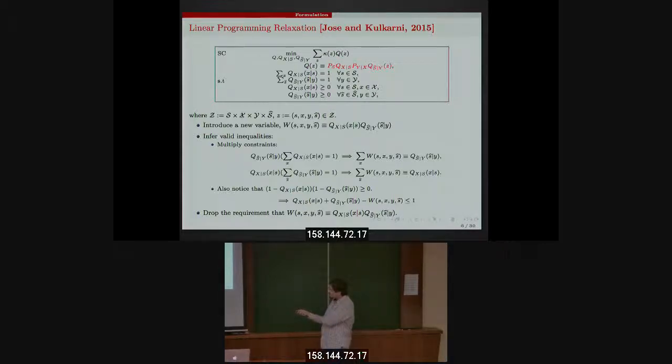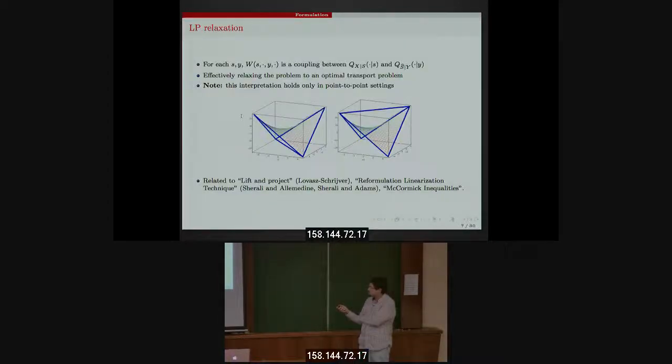Notice also that this product should be greater than or equal to 0, which when you substitute for the product for W gives you this inequality. And then eventually you get all these relations between W, and then you drop this requirement that W should be this product. What you get therefore are inequalities that are true if W was equal to this product, but the converse may not be true. So what you get is then a linear programming relaxation of this problem.